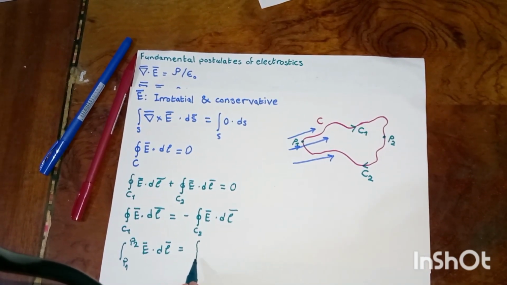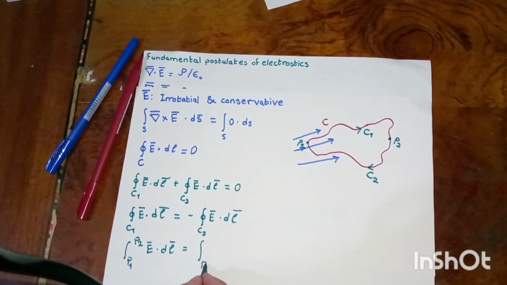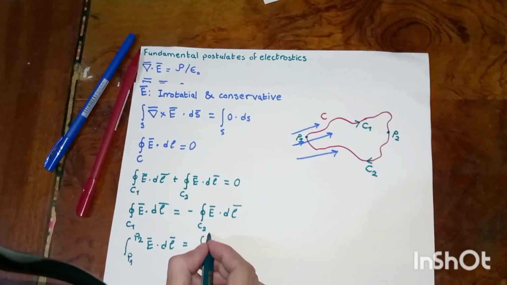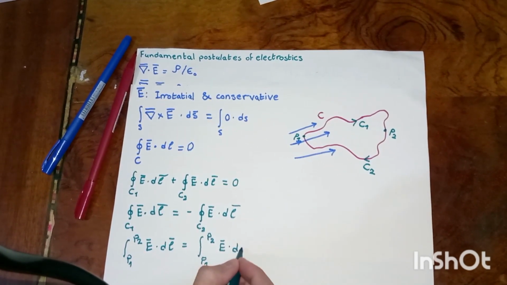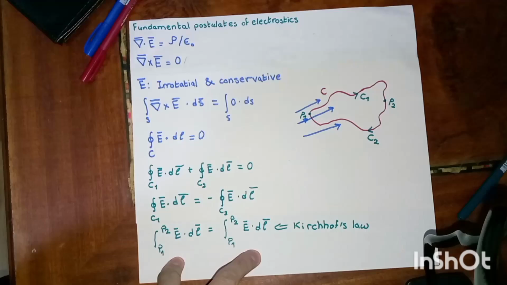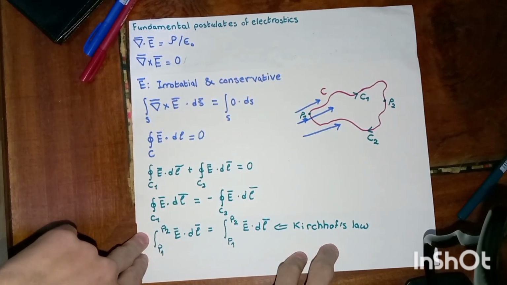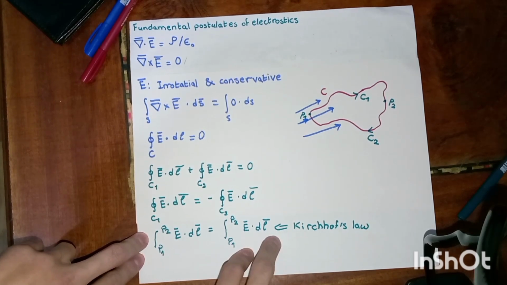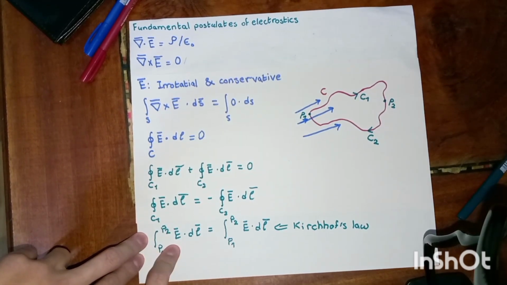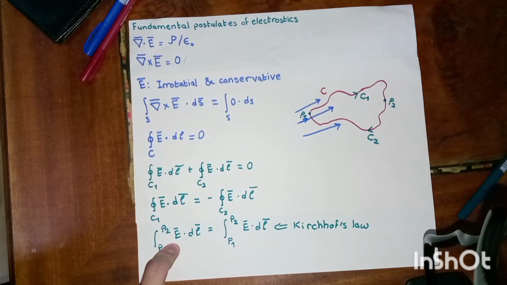It's going to start from P1 to P2, E times dl. This equation is a form of Kirchhoff's law, and in other videos we are going to prove that the path integration of the electric field is equal to the voltage.